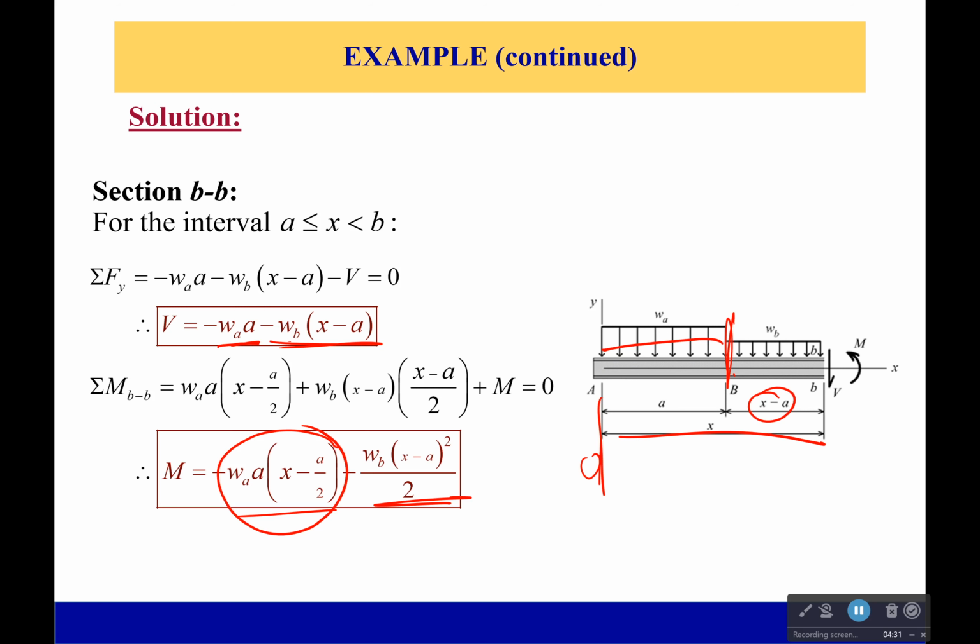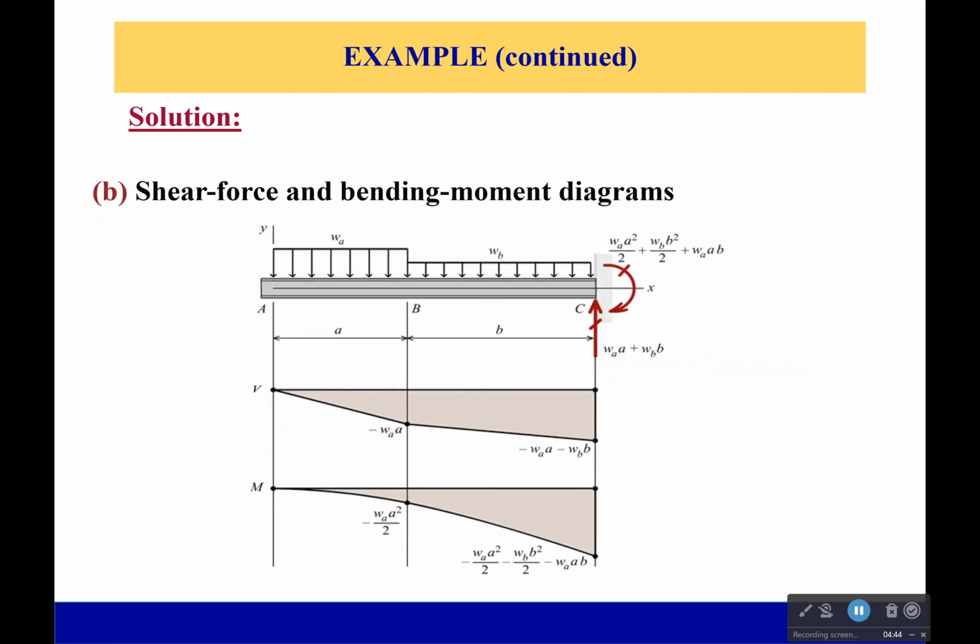Okay, now with that in mind, we have an equation for this first section. Check. We have an equation for this second section. Check. And if we want to, we can now plot both of those. And they would look something like this. So what do we see here?